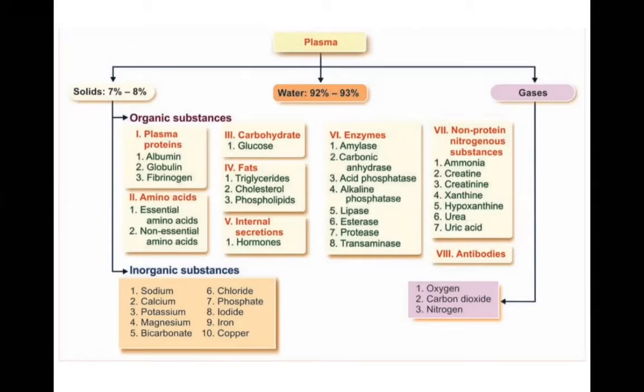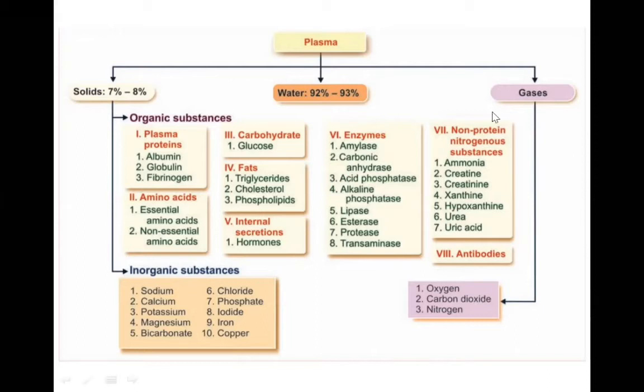Then the carbohydrates such as glucose, fats such as triglycerides, cholesterol, phospholipids, then the internal secretions such as hormones. We have also enzymes, amylase, carbonic anhydrase, and other enzymes, and non-protein nitrogenous substances such as ammonia, creatinine, urea, uric acids, and the rest. And also we have antibodies.